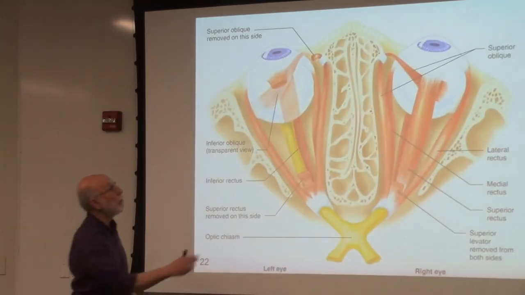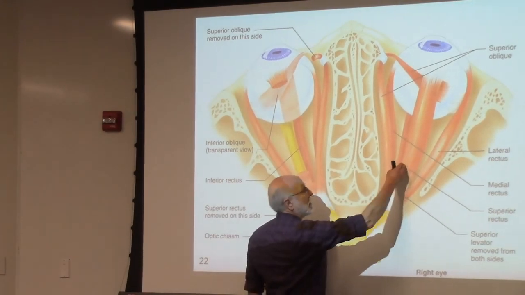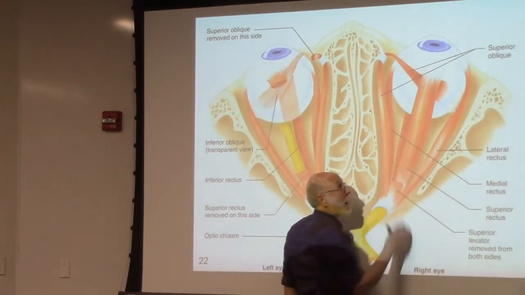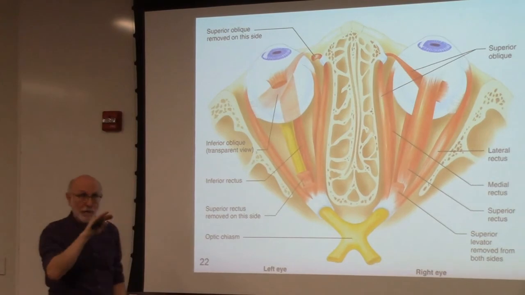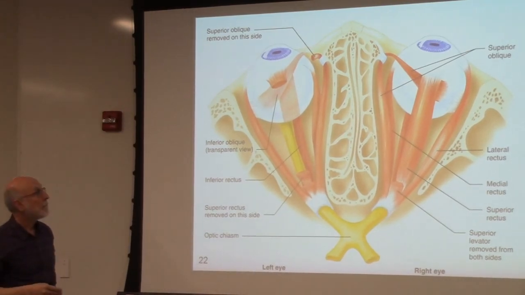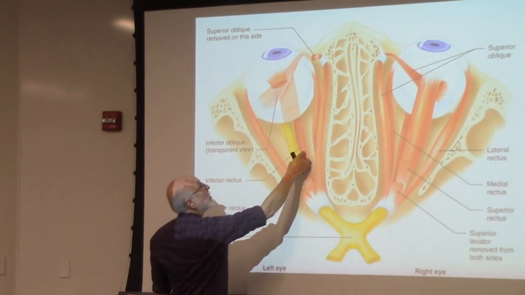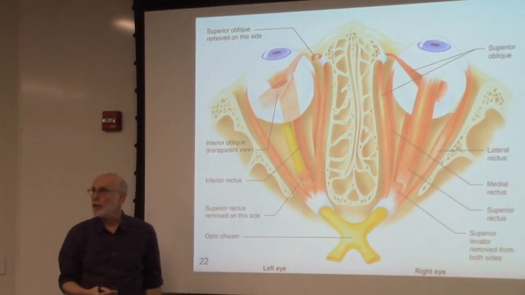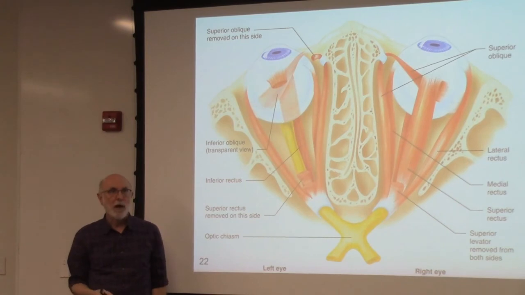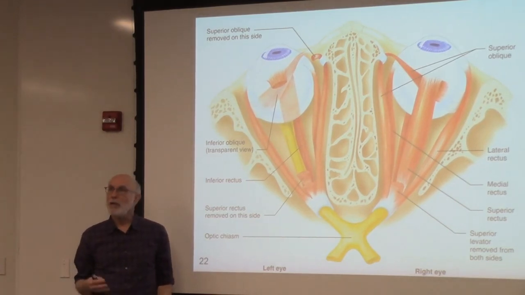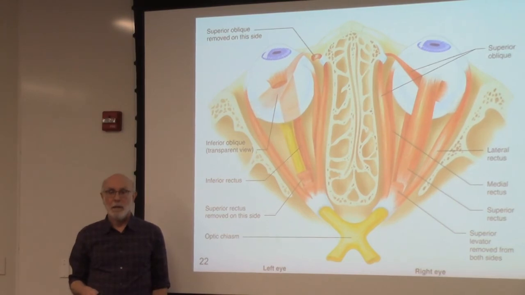So the superior rectus muscles attach to the top of the eye, to the superior surface of the eyeball, sclera. The inferior rectus muscles attach to the inferior surface of the eye, sclera. And so you can predict what these muscles are good for. They're good for elevating and depressing the eyeball, right?